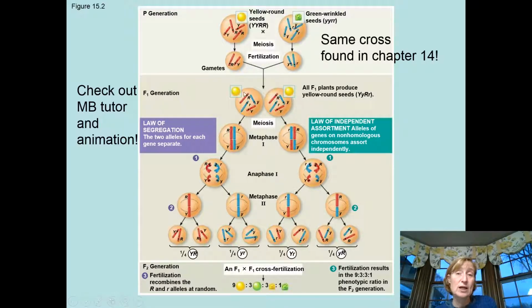Our first generation peas all have yellow round seeds, but they're dihybrid. They're heterozygous at both genes. Now, if we follow this first generation plant as it goes through meiosis, that's when we can see the law of segregation and the law of independent assortment.